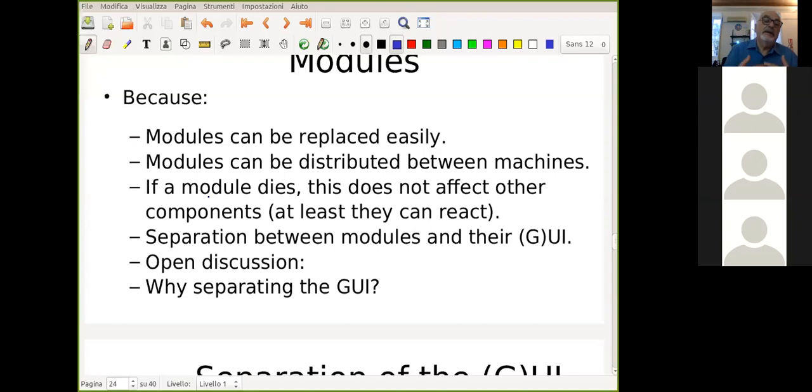And you can replace a wrong module or update a module with a new module. So it's very easy to do. Sometimes you can do it at runtime without recompiling the whole system. And another issue is that the definition of module is the program, so the algorithm, local data, and the communication channels.